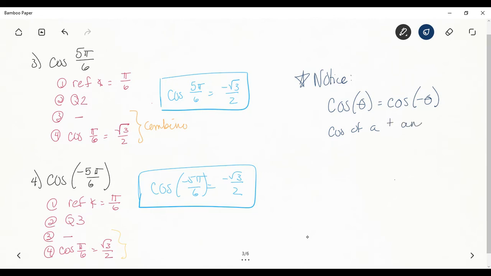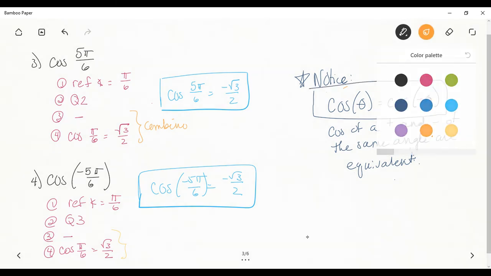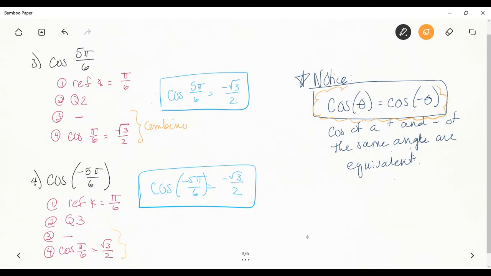Positive and negative of the same angle are equivalent. Very, very, very important.